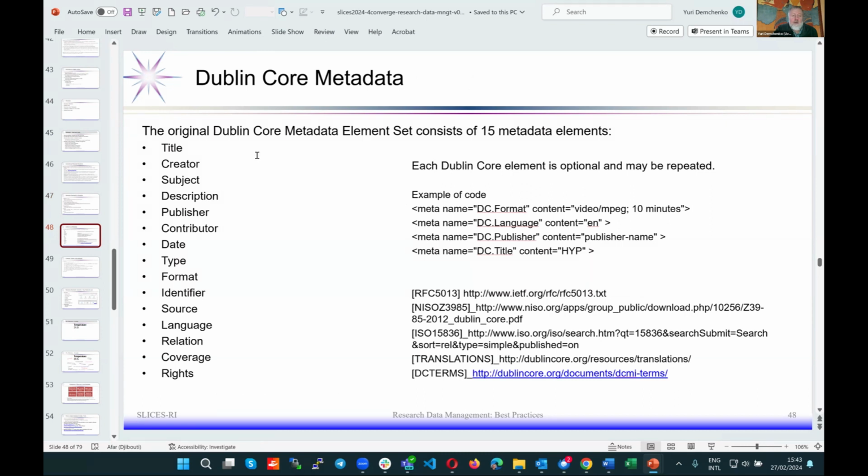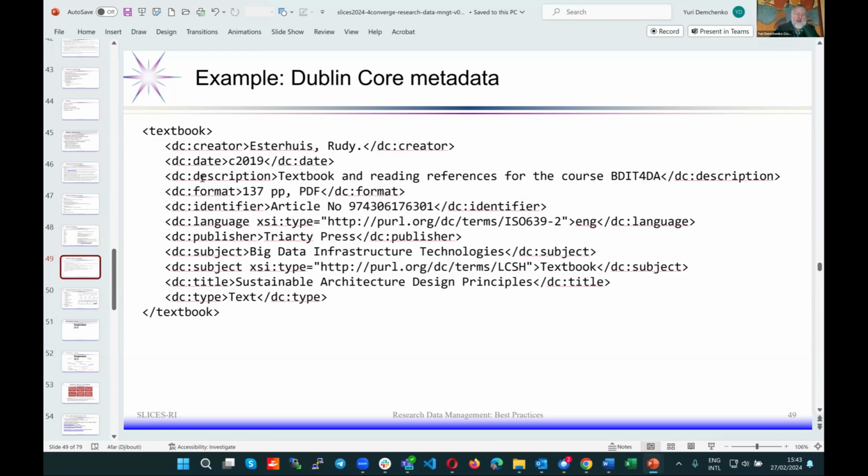And Dublin Core contains 15 main metadata elements, and many additional ones. An example has such a format: it is put into a tag under the name DC.format. Typically it is written with capital DC, but that is not required, because in XML format you can use a different type of denominator.